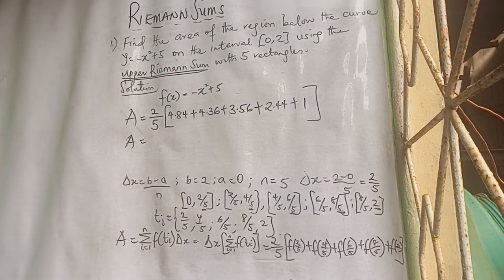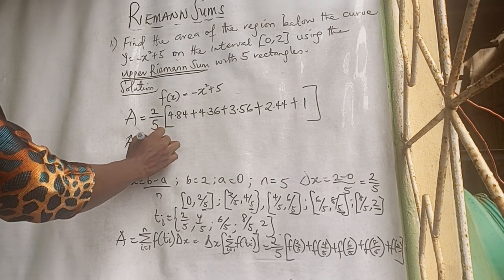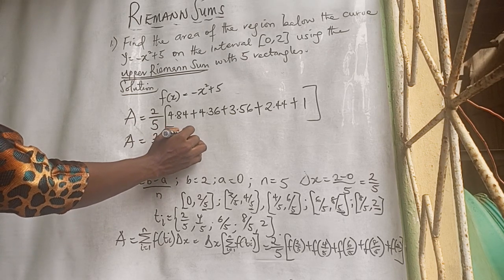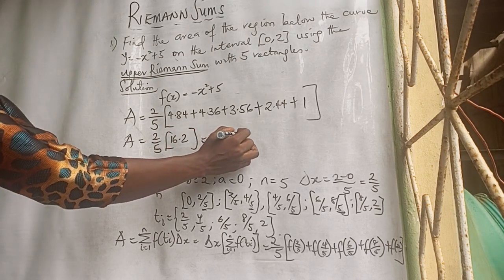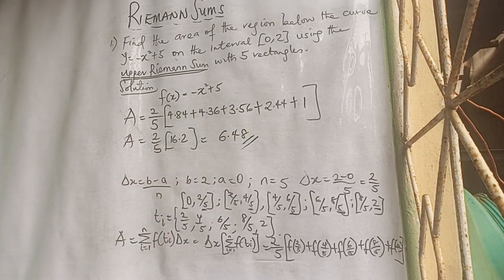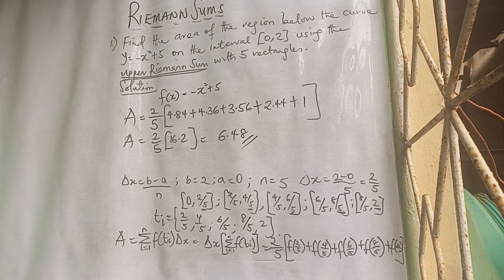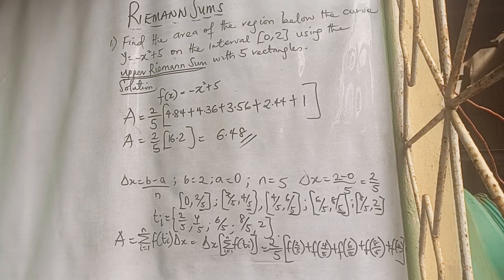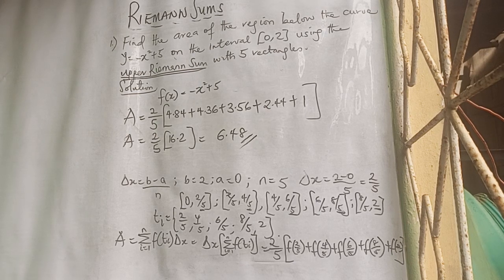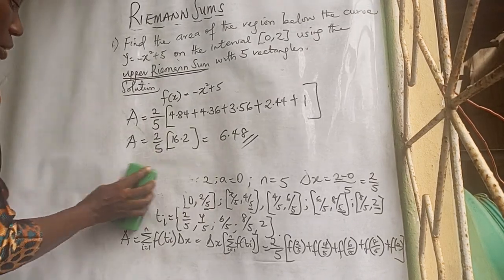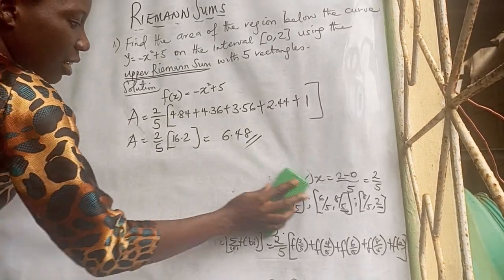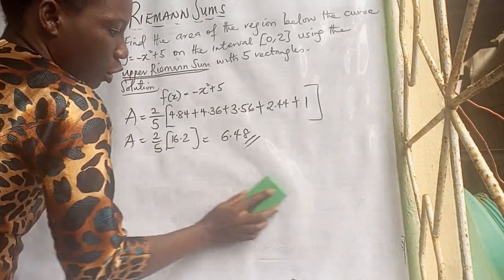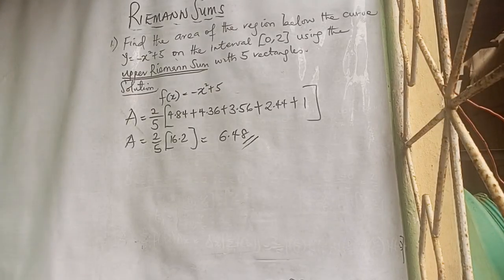The area under the curve gives us 2/5 into what? 16.2. And that is what? 6.48. Finding the area for the region under the curve using the Riemann sum. So with this, you can try your hands on this question and see how much of what we have done today that you can do.